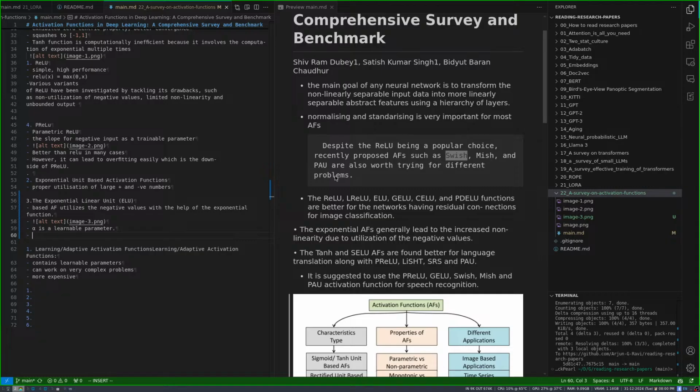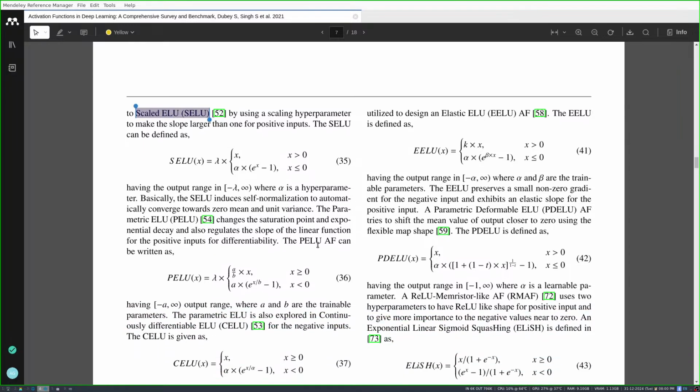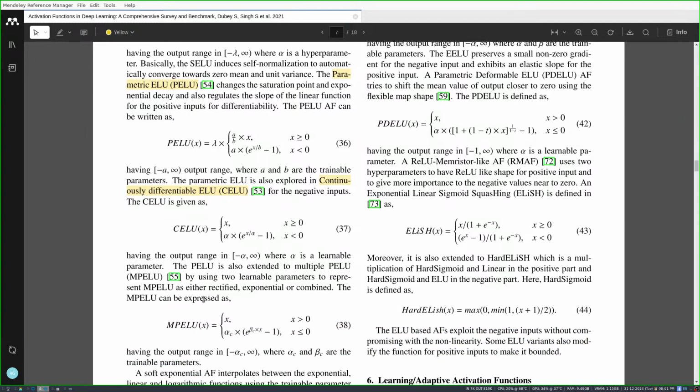No, no. Scaled ELU, we scale that thing. Parametric ReLU, ReLU with parameters. Sure. SELU. Continuously differentiable ELU.